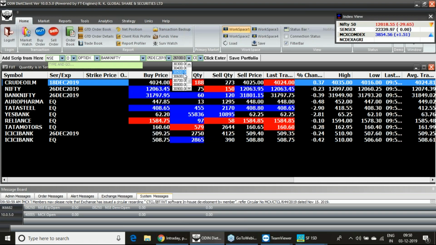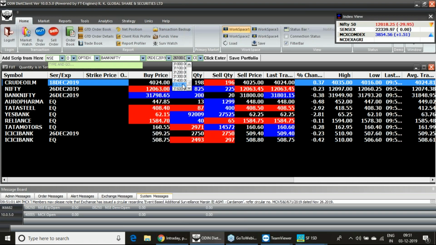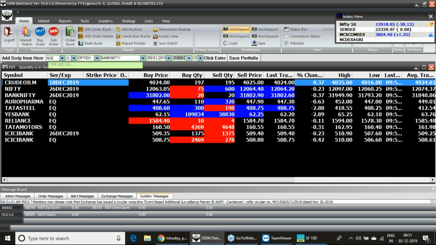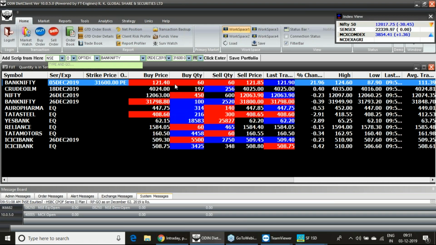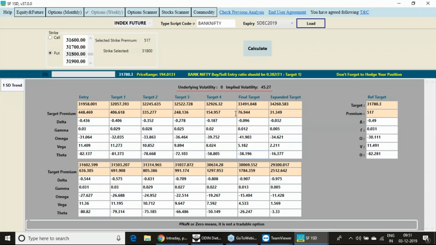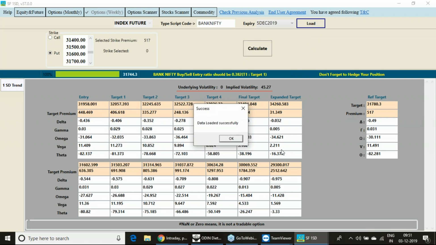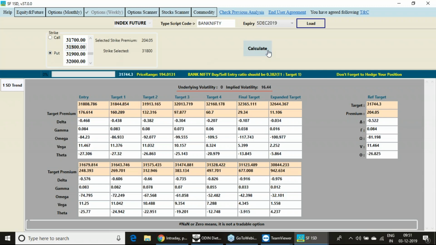31,800 put, 5th December. I think that symbol I have not loaded properly. 31,800 put, index future Bank Nifty 5th December. Is there any specific reason why we are getting these very high premiums now?